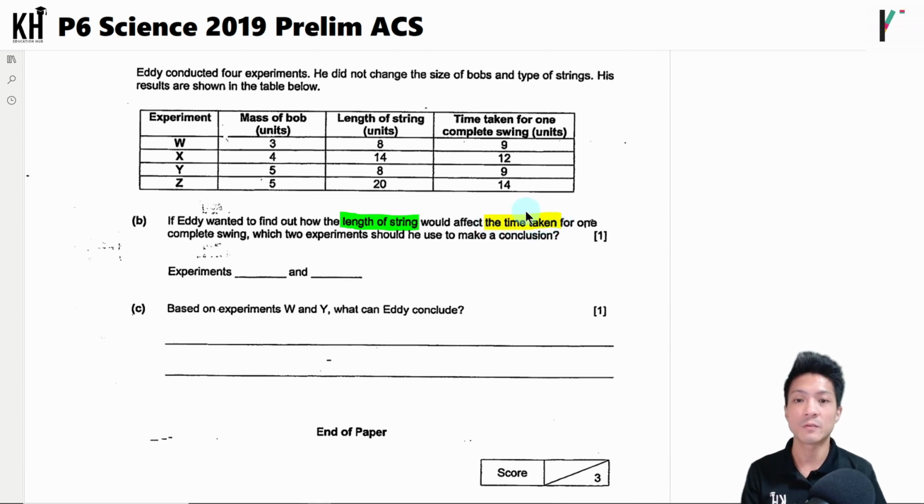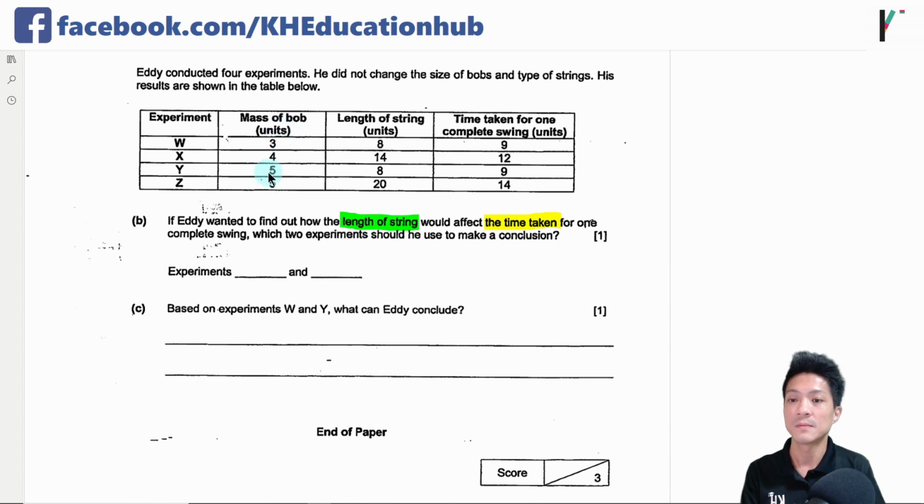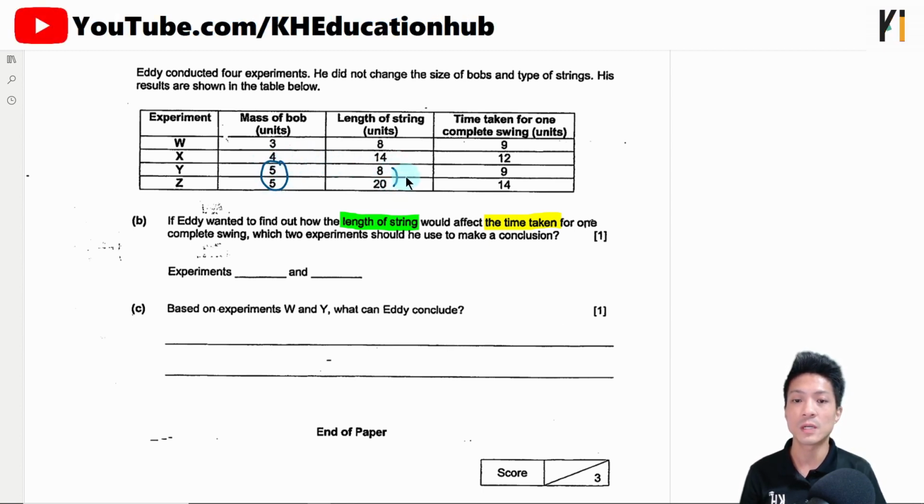So we have to find length of string which is different, and then the mass of the bob will be the same, right? In this case there's only Y and Z which have the same mass of the bob. So these two are changed and the measured variable is also different. So it'll be experiment Y and Z.